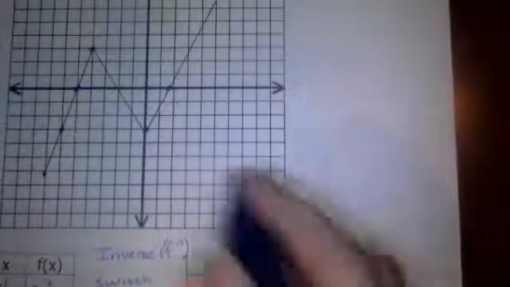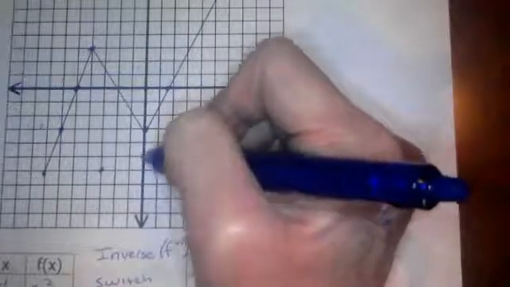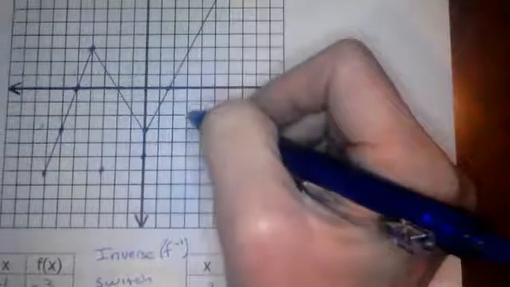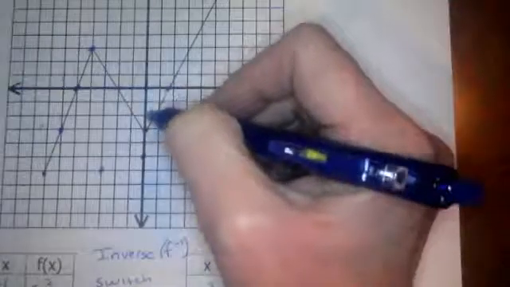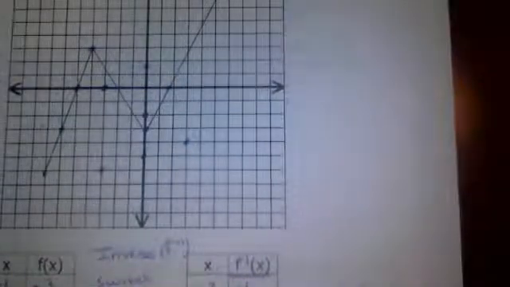All right, so we've got (-3, -6), (0, -5), (3, -4), (0, -2), (-3, 0), and then (0, 1.5). All right, and just as we did before, we want to connect these points together.